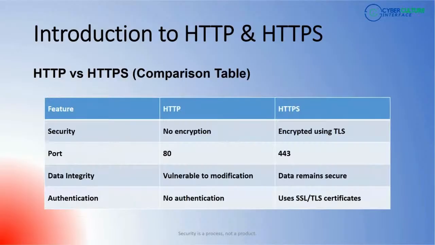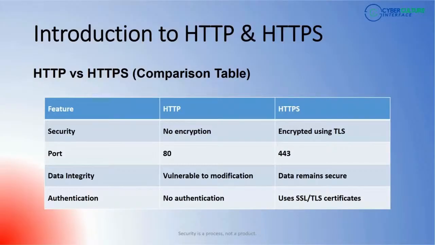Looking at the major differences between HTTP and HTTPS, number one is security. HTTP is not encrypted. HTTPS is encrypted using TLS. The port is also different: port 80 for HTTP, port 443 for HTTPS. You need to be familiar with these ports, because most of the time when you are troubleshooting and you see port 80, it means communication is being done in plain text.